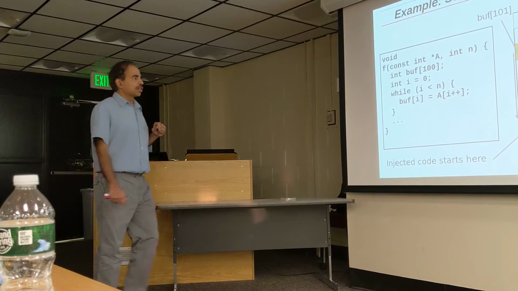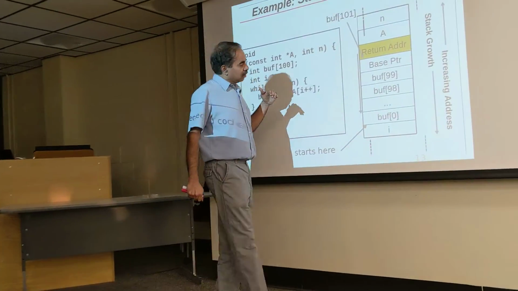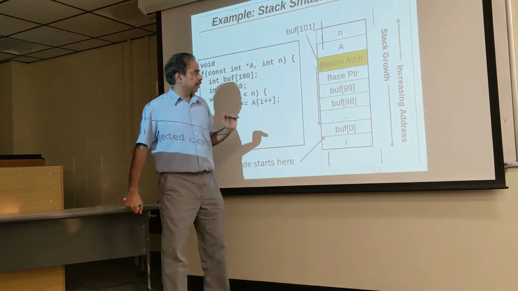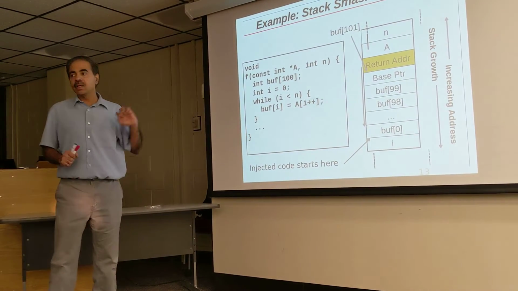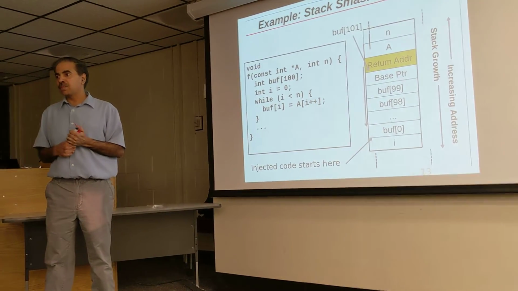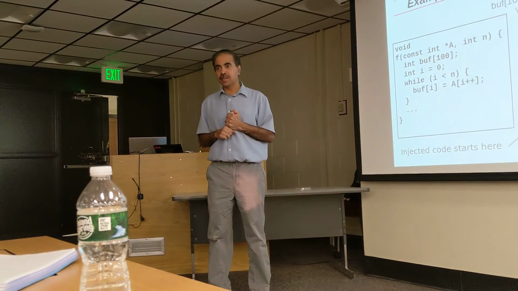So when something that's not permitted actually happens in relation to objects in memory, then we call that a memory corruption.